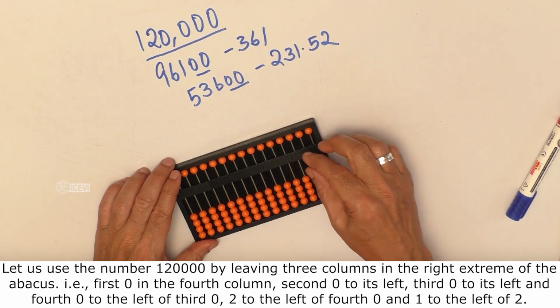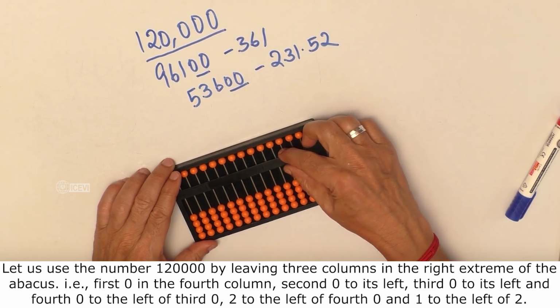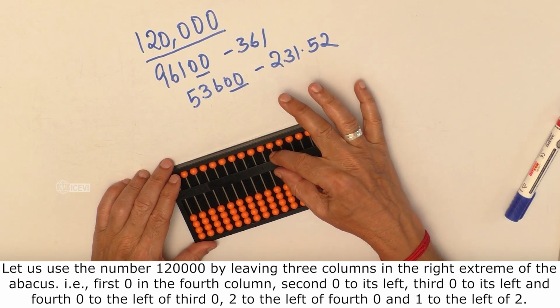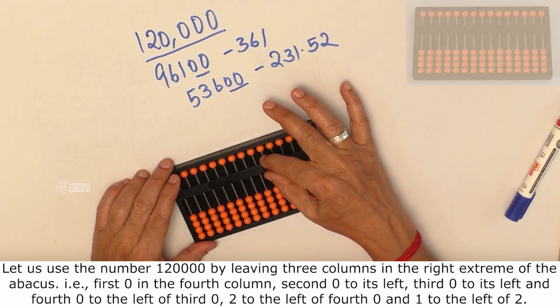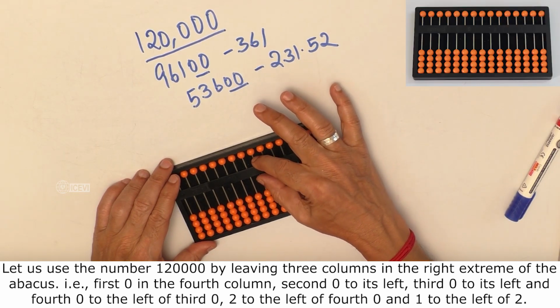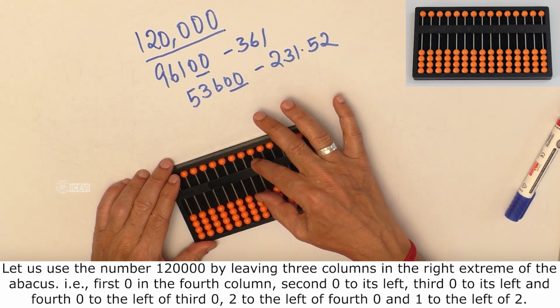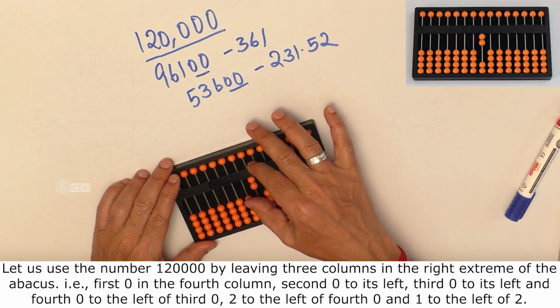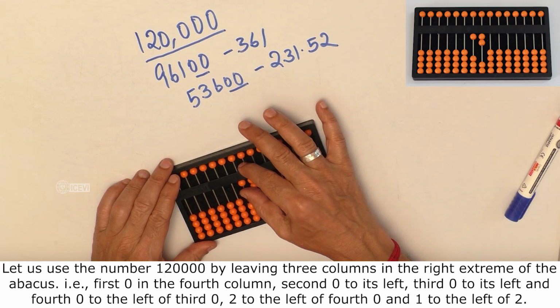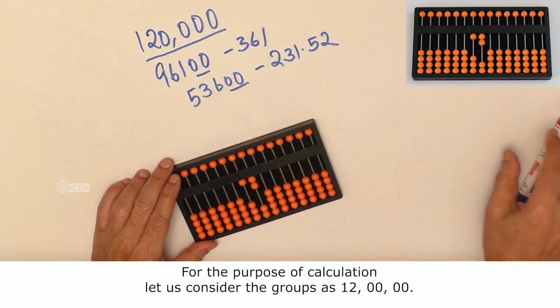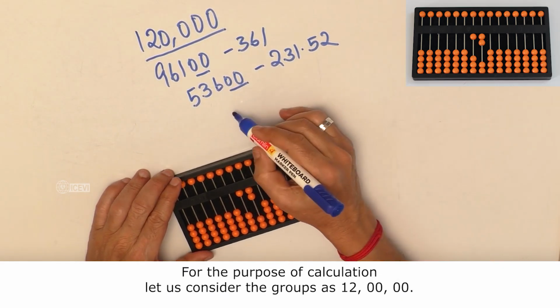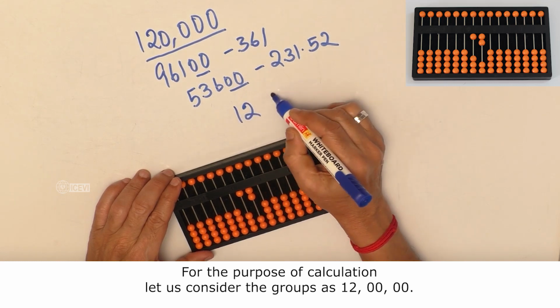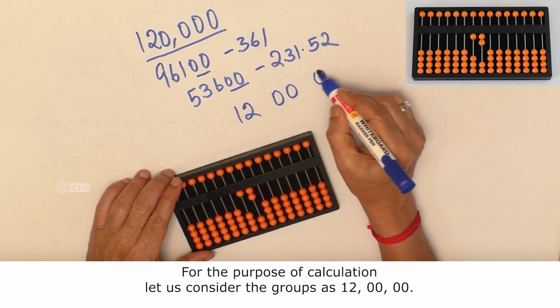That is, first 0 in the 4th column, second 0 to its left, third 0 to its left, and 4th 0 to the left of the third 0, and 2 to the left of the 4th 0, and 1 to the left of 2. For the purpose of calculation, let us consider the groups as 12, 0, 0 and 0, 0.